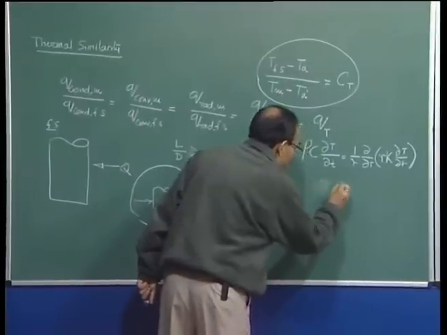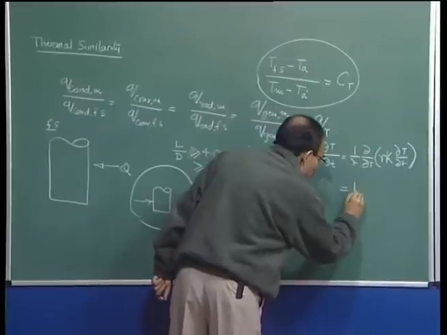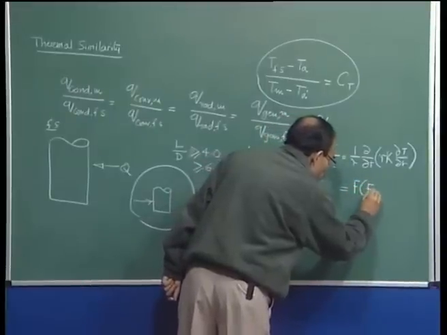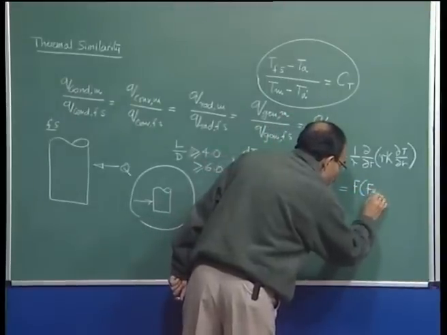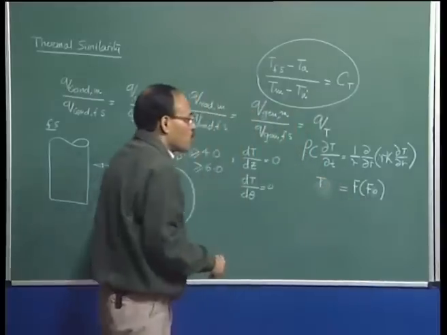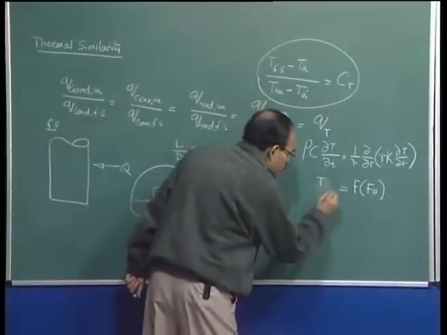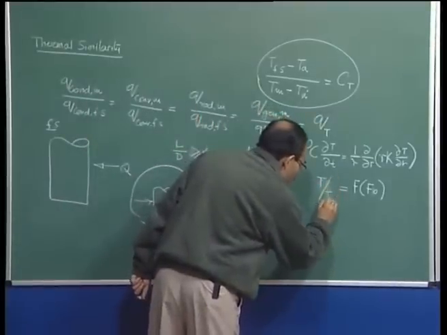The temperature profile is going to be a function of that, which is what is going to come out. With respect to, I can say, it is a non-dimensional equation.